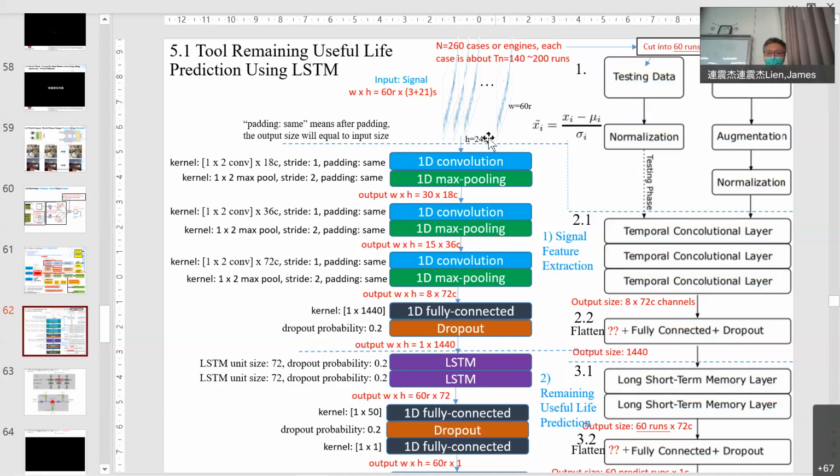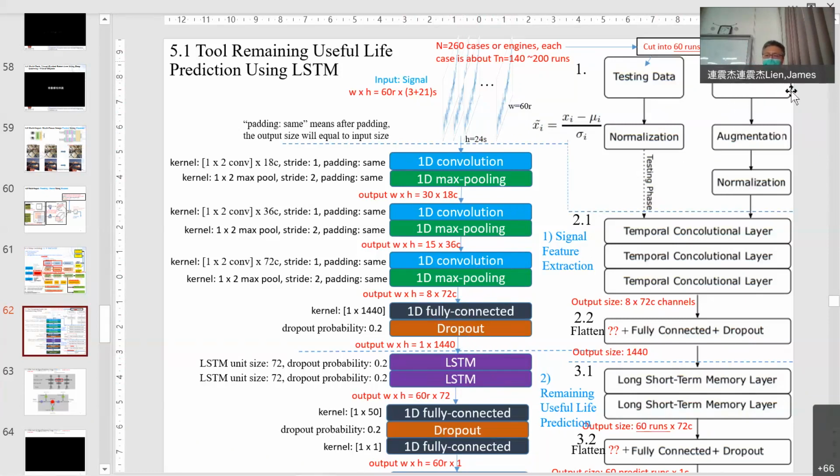So this becomes H by W, 就变成2D, 这是时间轴，这是输入的讯号轴. So before we use LSTM, the same, we still need to do an encoder. Before we input to LSTM, we do an encoder here. This is the same as this one.